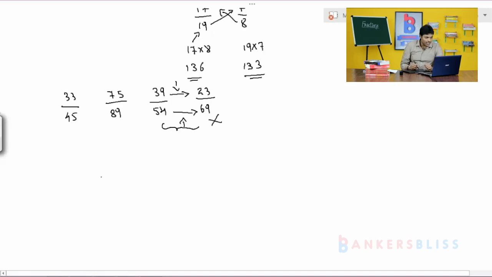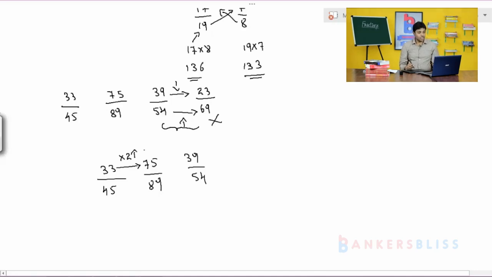Now we have to identify between these three: 33 by 45, next 75 by 89, next 39 by 54. See here, 33 into 2 is 66, but we have 75, which means the numerator is increased more than twice.